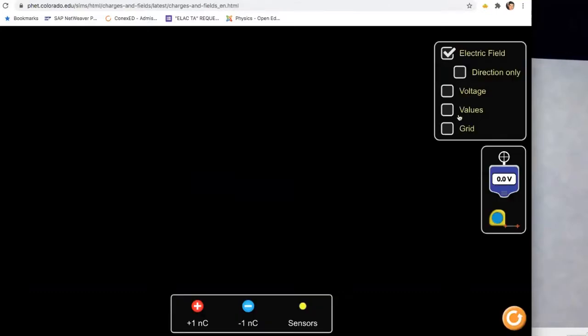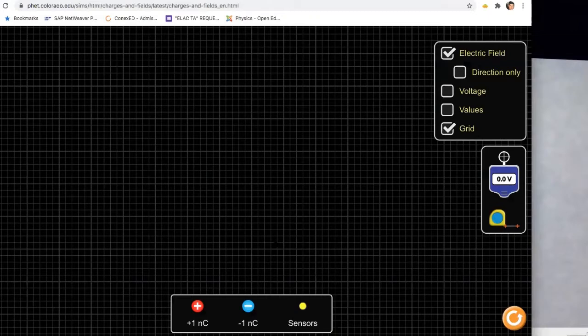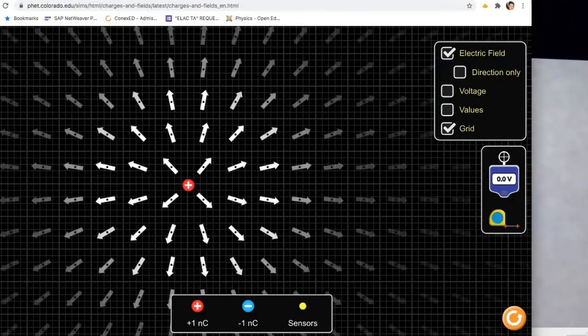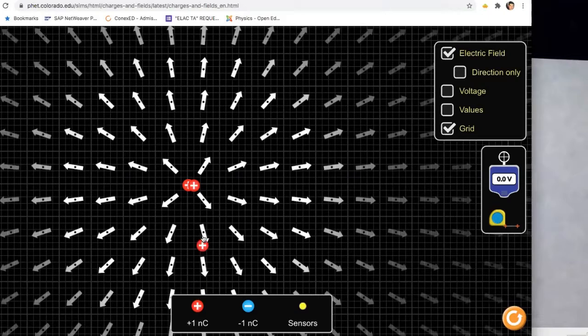So if I want to put 10, I would go 1, 2, 3. I'll put them equidistant from each other to make the charge density uniform.